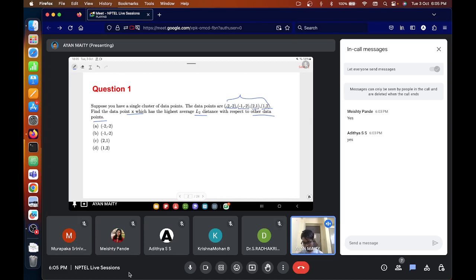These are the 4 options, and each option corresponds to one of the 4 data points given in this question. L2 distance is basically the Euclidean distance. You can write your answer in the chat.